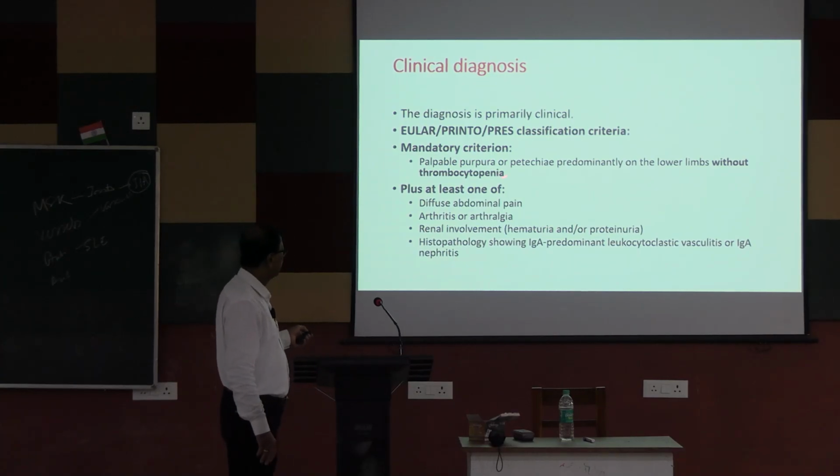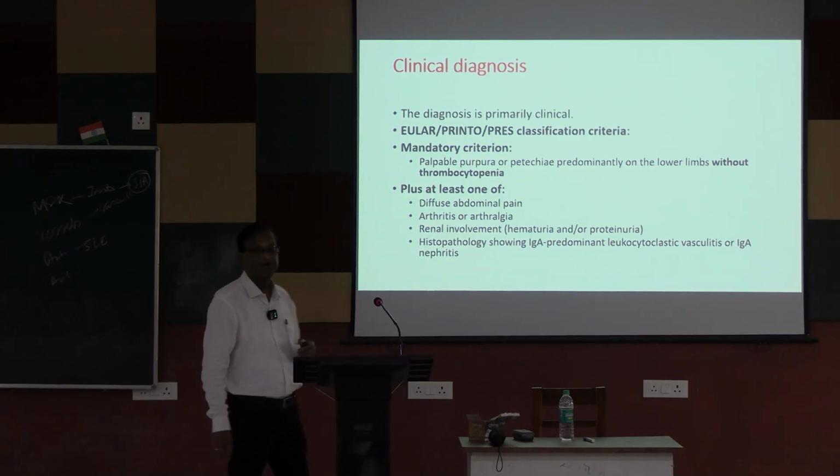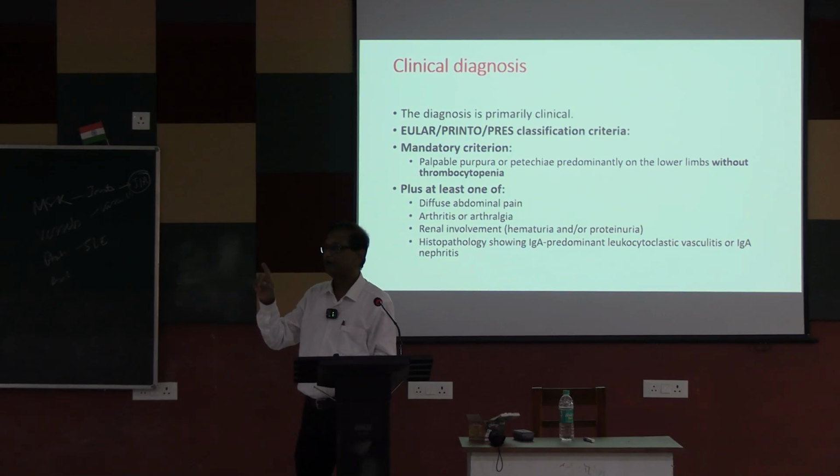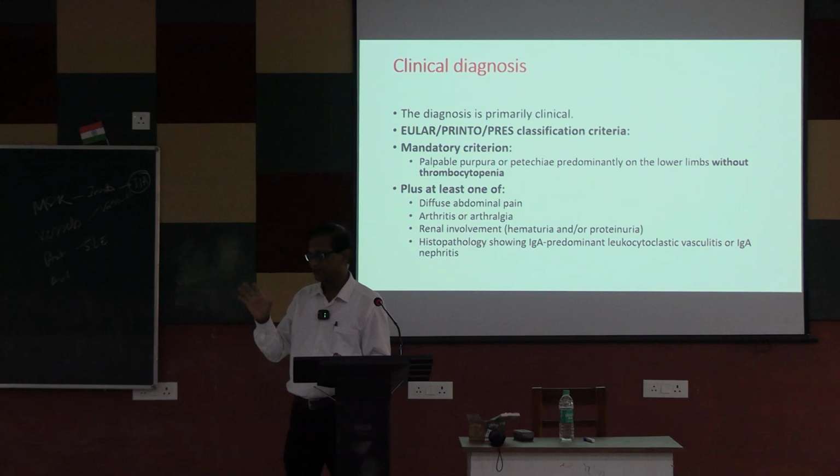Palpable purpura. Petechiae predominantly seen on the lower limbs without thrombocytopenia. Palpable purpura without thrombocytopenia classically seen in the lower limbs. It can be seen in other parts of the body, but classically seen in the lower part of the body, most common.